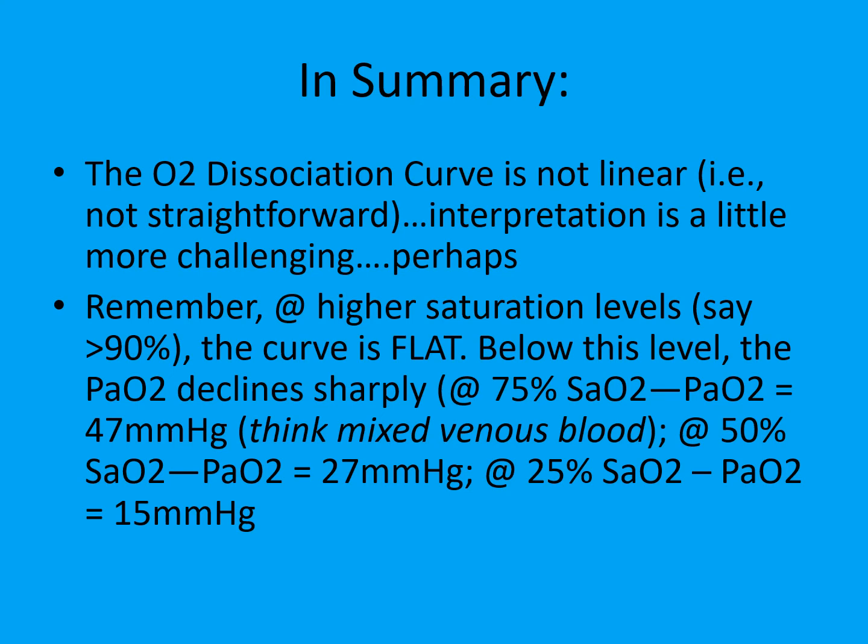So at high saturation levels, the curve is flat. Below that, the PO2 declines sharply. So if I have a saturation of 75% and my PO2 is at 47, I'm going to have a very low pressure. I'm going to have a very hard time getting oxygen to my tissues.